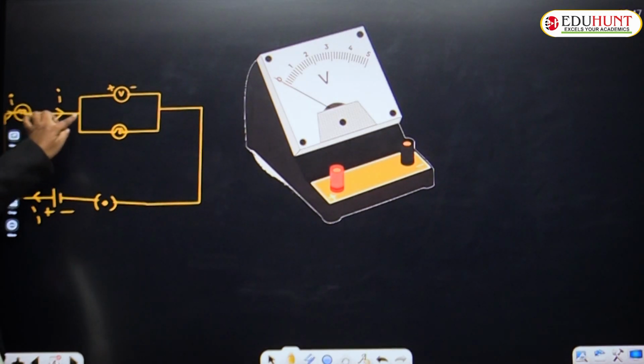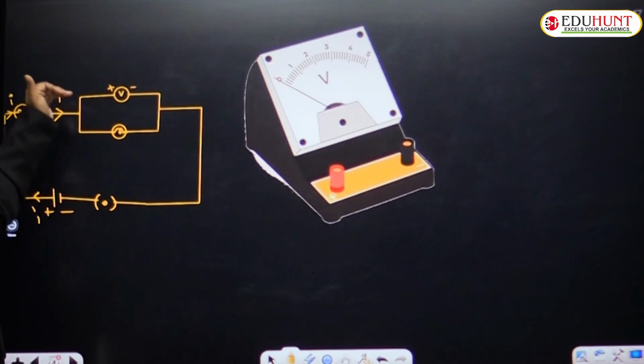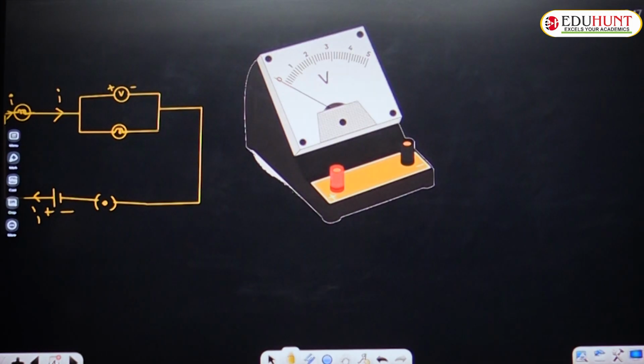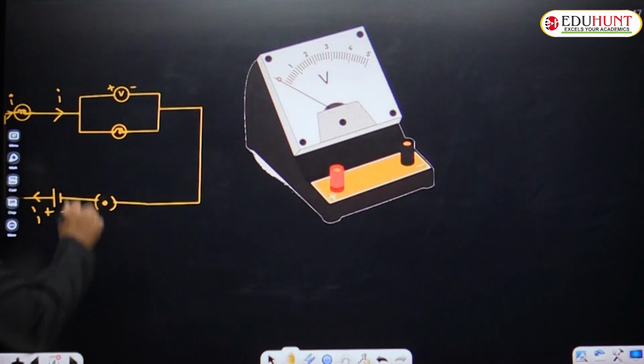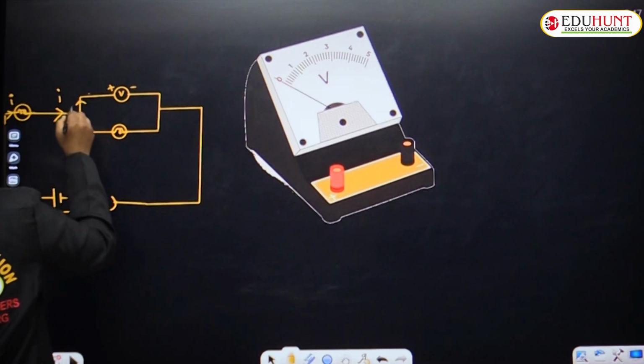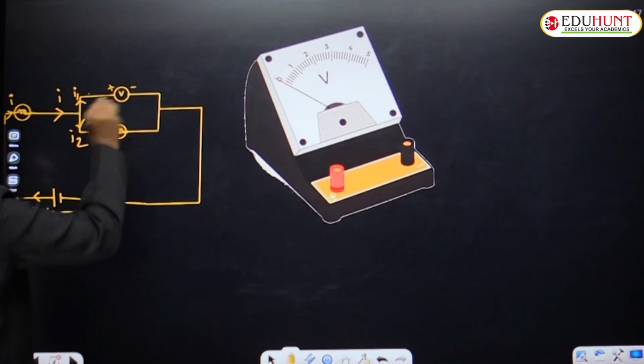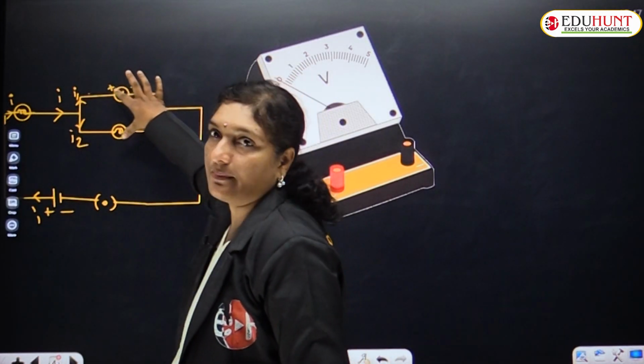But here, this current will be divided into two parts. One is going through the voltmeter. The remaining amount of current is passing across the bulb. So here the current is divided: I equals I1 plus I2. In the voltmeter and the bulb, two different currents are passing.